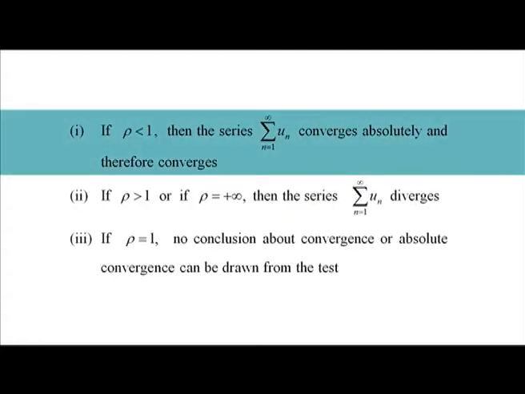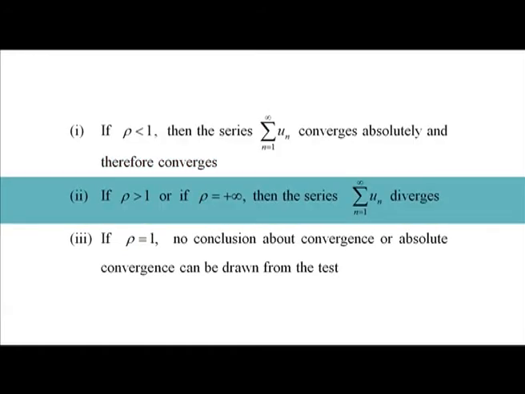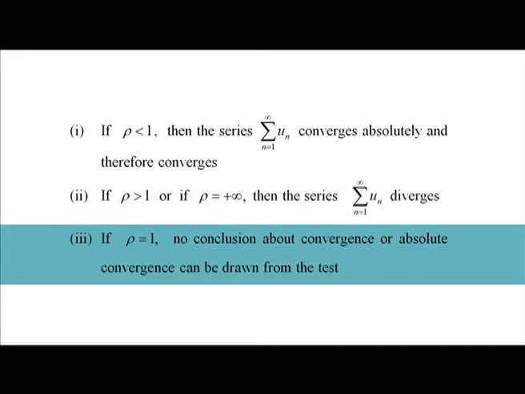First, if rho less than 1, then the series converges absolutely and therefore converges. Second, if rho greater than 1 or if rho equals positive infinity, then the series diverges. Third, if rho equals 1, no conclusion about convergence or absolute convergence can be drawn from the test.